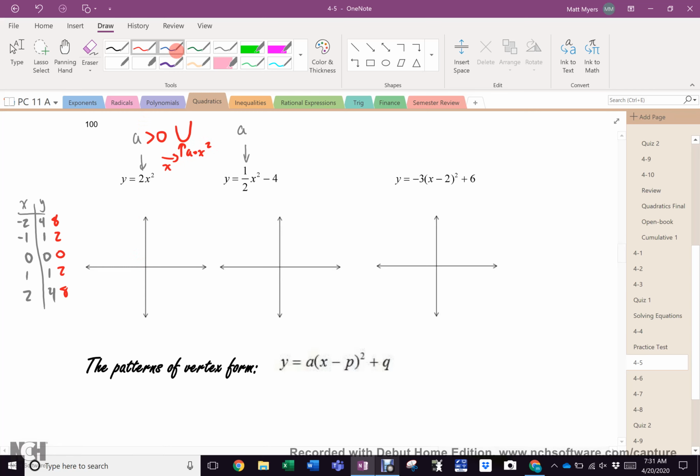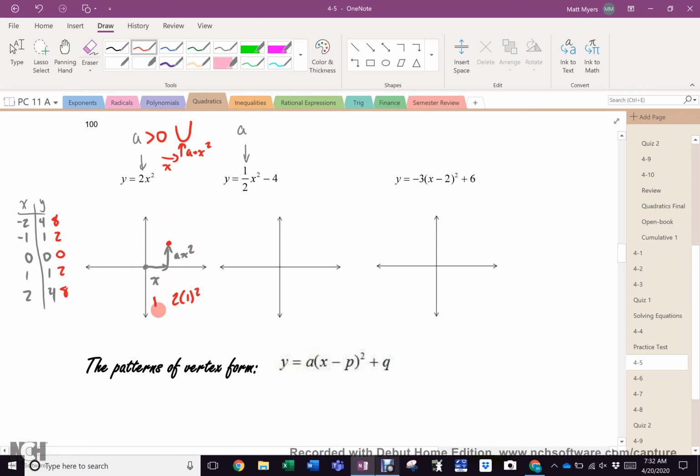So if I were to graph this guy, 0, 0, over 1, up 1, that's x squared, but now there's a 2 there. So I go over x and I go up ax squared, which is over 1 and up 2 times 1 squared. So this becomes over 1 up 2.